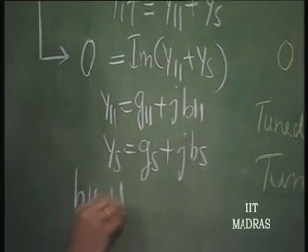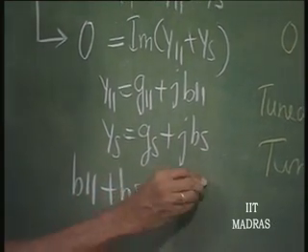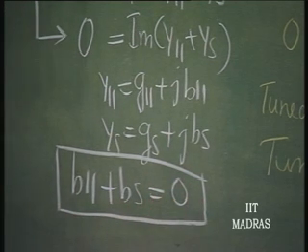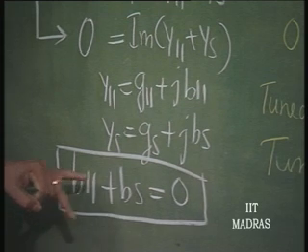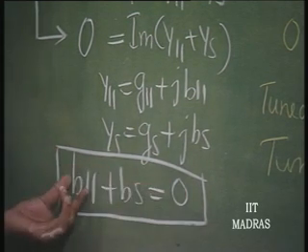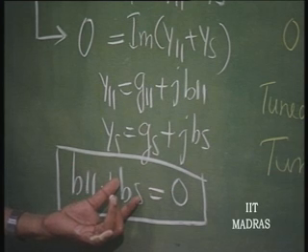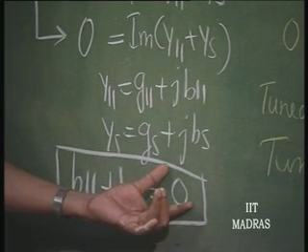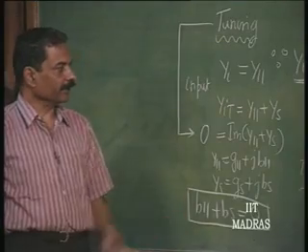B11 plus Bs is equal to 0. This is the mathematical part of tuning. The susceptance of the input device plus the susceptance of the source is made equal to 0. If this is capacitive, then obviously this has to be inductive in order to make this equal to 0. So, this is what is meant by tuning.